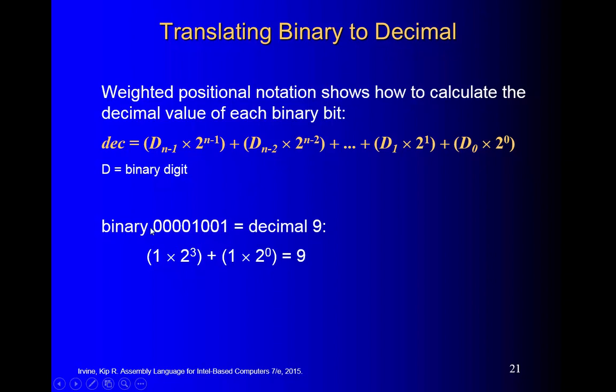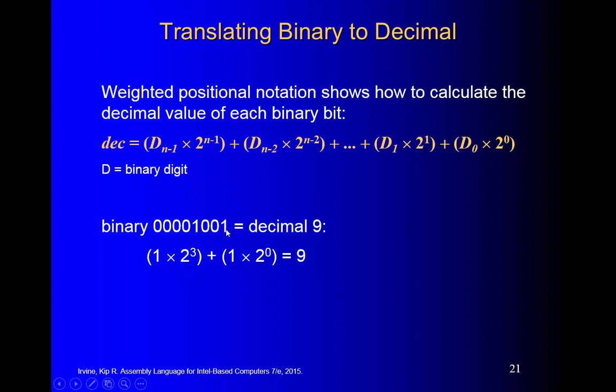Let's take a look at this binary example. This is a binary number with 8 bits, which is a byte. This one equals decimal 9. To use this formula to find out it equals 9, we need to use D times the location value.